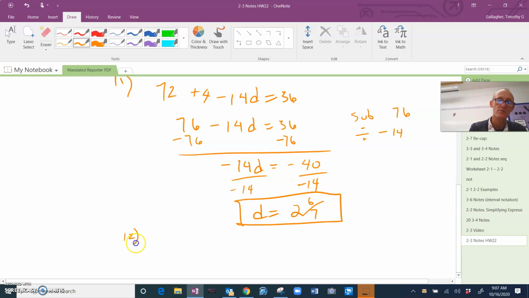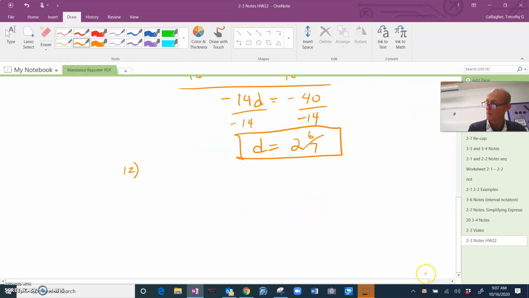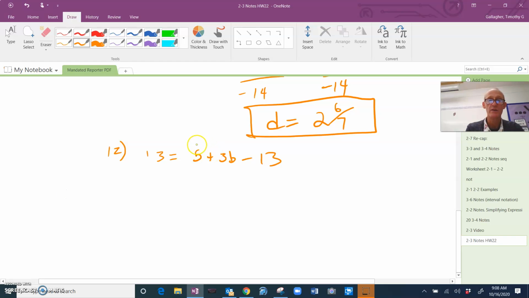All right, number 12 is 13 equals 5 plus 3b minus 13. This one requires you to combine these two first, so you get 13 is equal to -8 plus 3b.